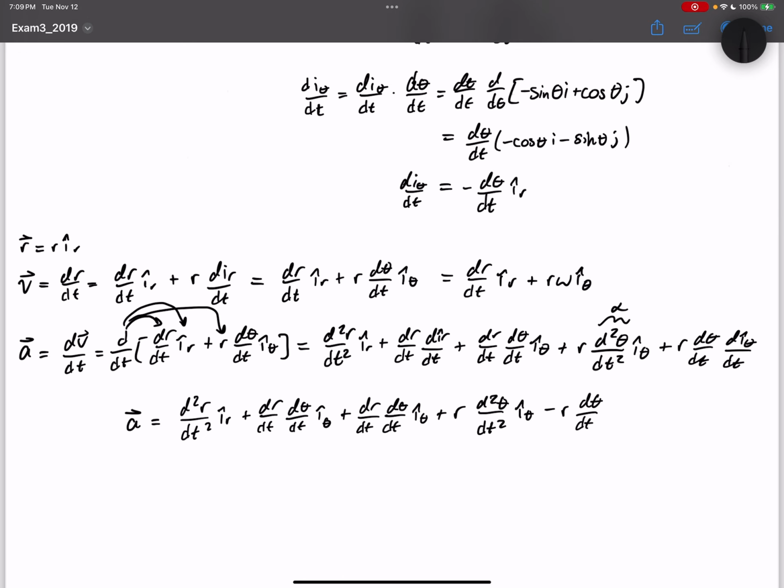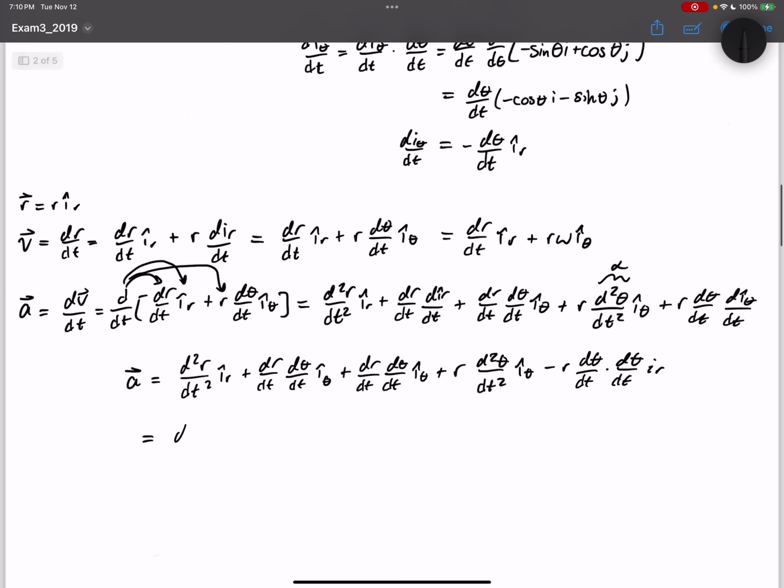So this would be squared. Or, wait a minute. Yeah, this is the same thing. Sorry, d theta/dt i_r.